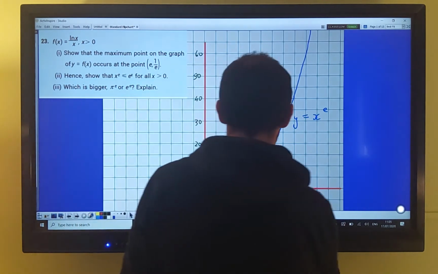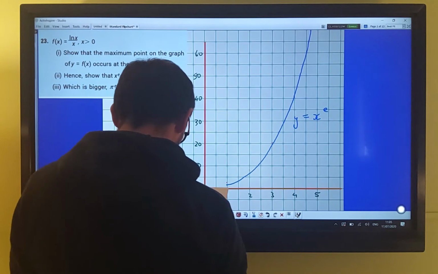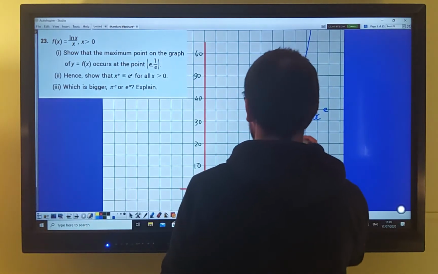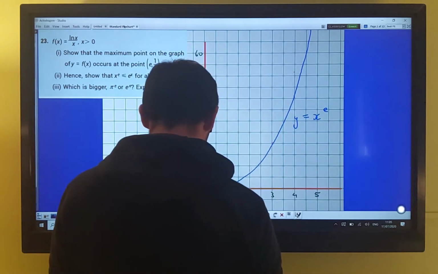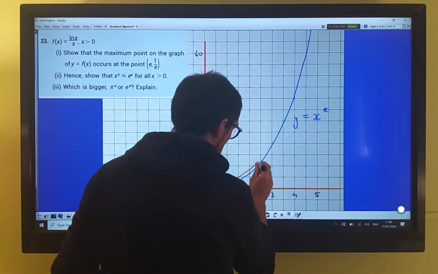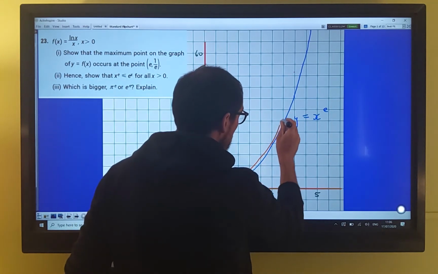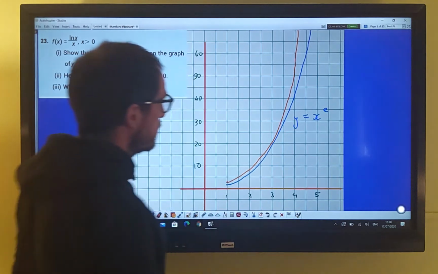Then for 3, it's 20 point something, there. For 4, it's 53, there, and that keeps rising up, and that keeps going up like that, right?